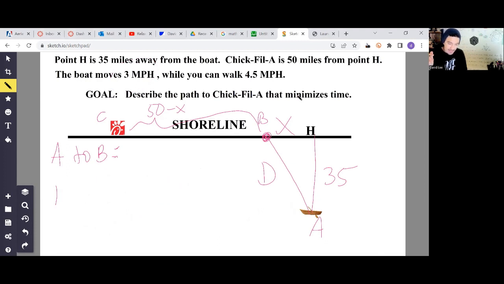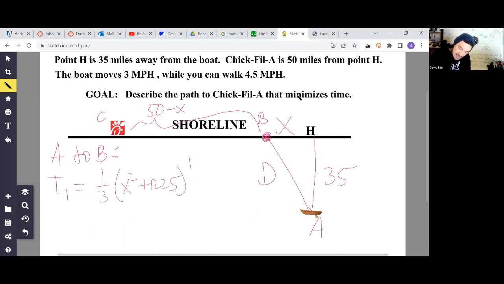We know that from A to B, we have time 1, which is going to be, I'm going to call it 1/3, because dividing by 3 is the same as multiplying by 1/3. And then instead of a square root, I should go 1/2 exponent. See that? I almost messed up there. So the exponent is 1/2, and the coefficient is 1/3. So this is time 1.